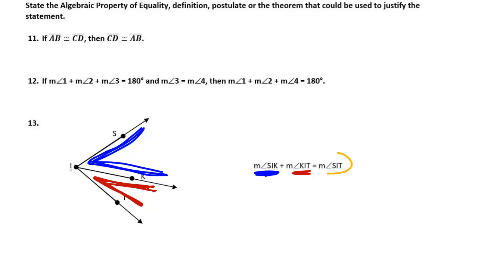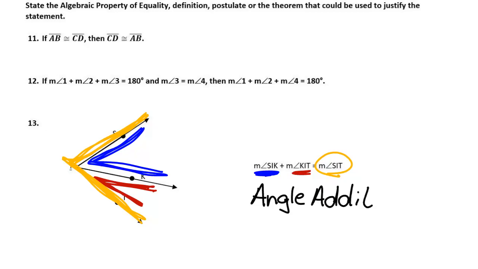When I add those two together, it gives me angle SIT, which is this big angle right here. So that is my angle addition postulate. Angle addition postulate.